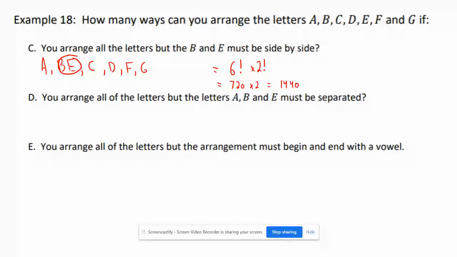Okay. Example D is a little bit of a trickier question. The letters A, B, and E must be separated. So C, D, F, G are not separated.